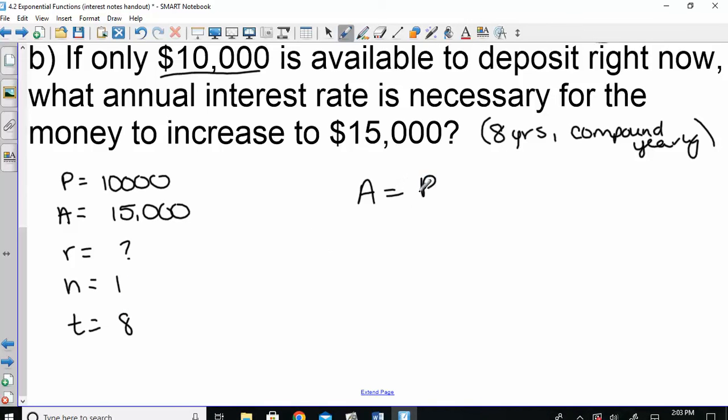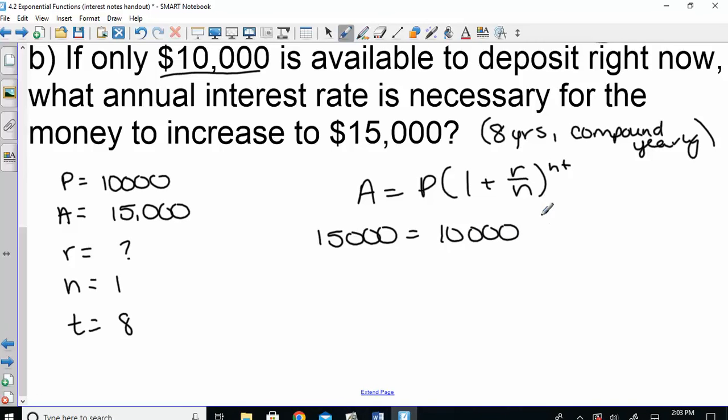So if we plug in, my A is 15,000, P is 10,000, 1 plus, I don't know my R, divided by 1, to the 1 times 8 power.